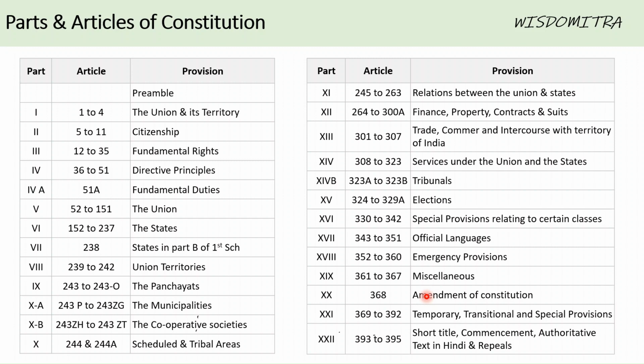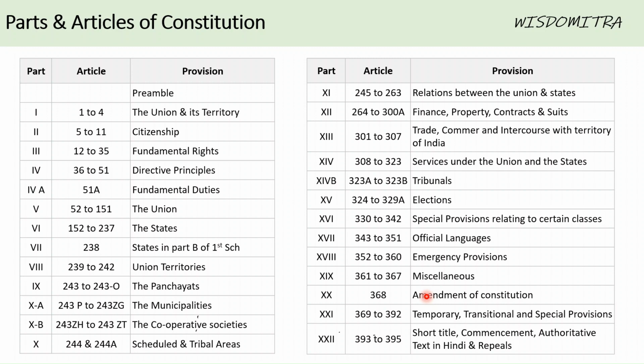And once you do that, again, the fundamental duties. So those who have rights have certain duties as well. And that has been described in Part 4A. Now look at this. Part 4A is followed by an alphabet, and this clearly indicates that it was probably not available initially. And that's true.